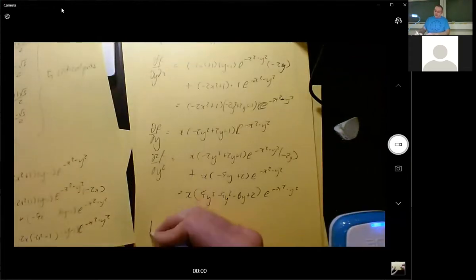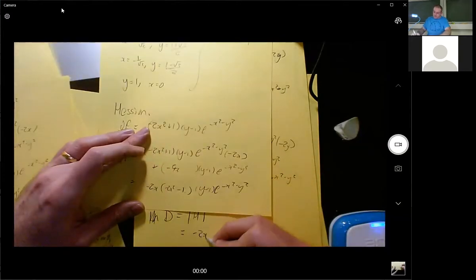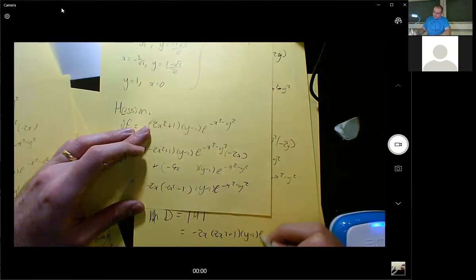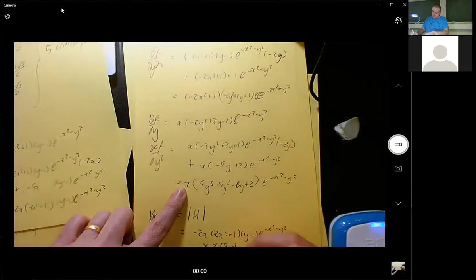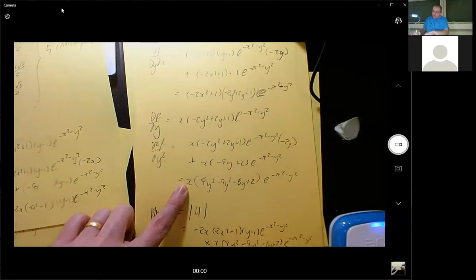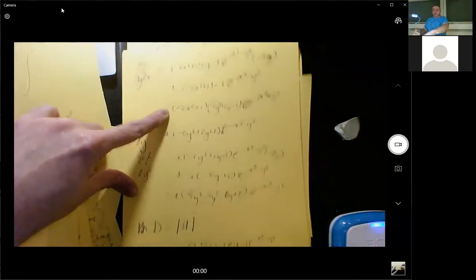And so my Hessian matrix, when I do the derivative, the determinant of the Hessian matrix will be this thing in the top left times this thing in the bottom right minus this thing in the bottom left times it again in the top right.